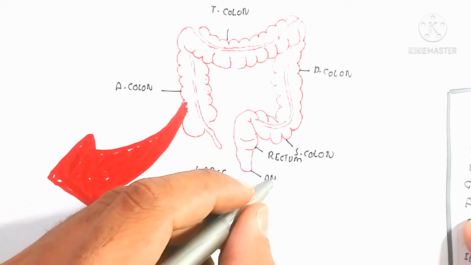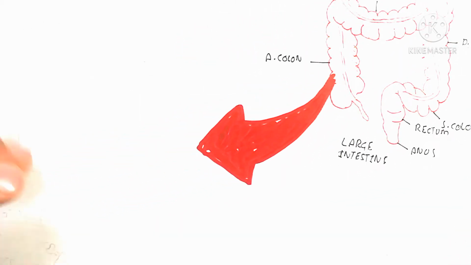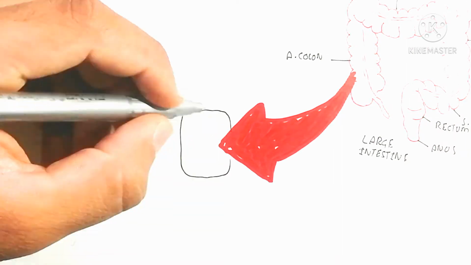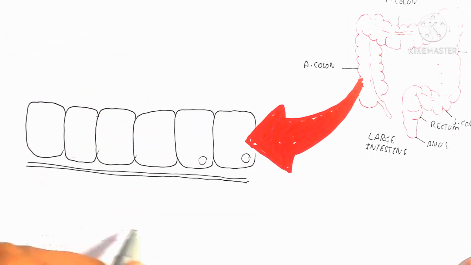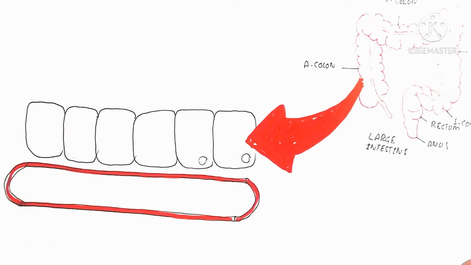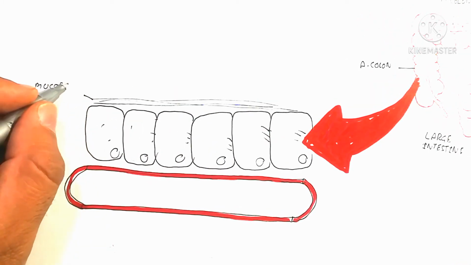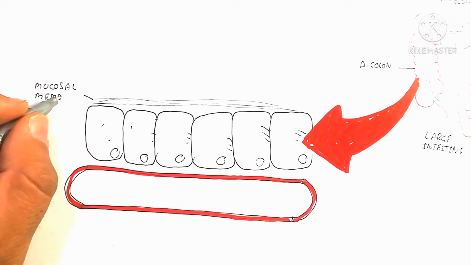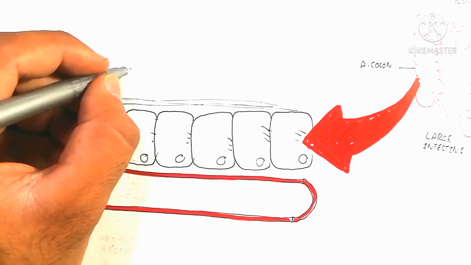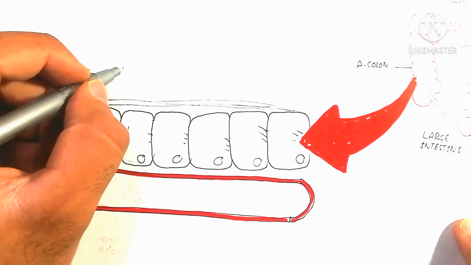So remember that. Here I am drawing the hepatic propionate metabolism. The short chain fatty acids are in the large intestine, which contains enterocytes, or epithelial cells, which contain mucus.